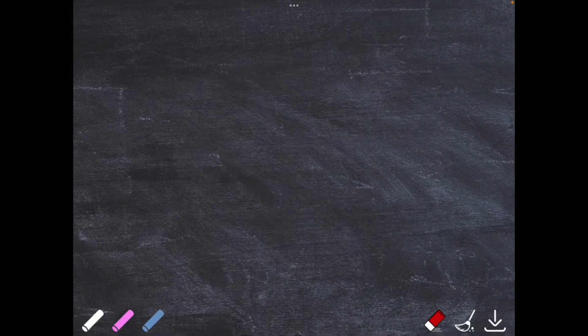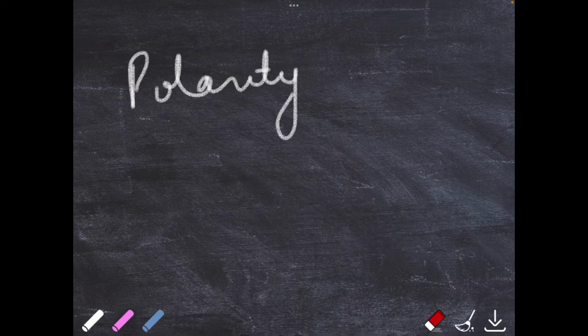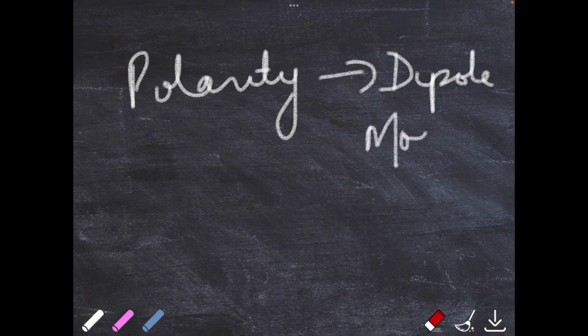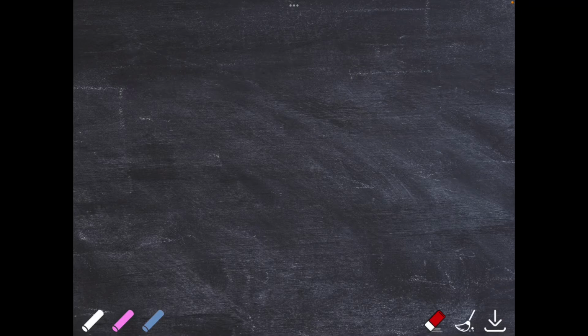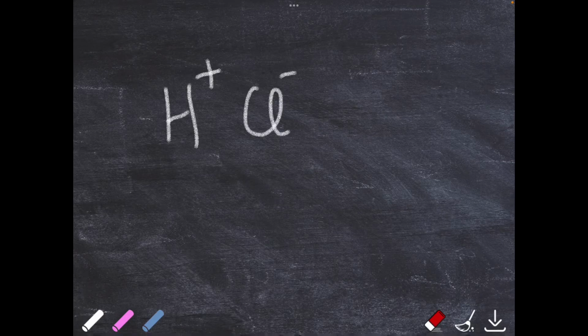Now development of polarity leads to dipole moment. Let's consider this molecule. Let's say hydrogen has a positive charge and this has a negative charge.